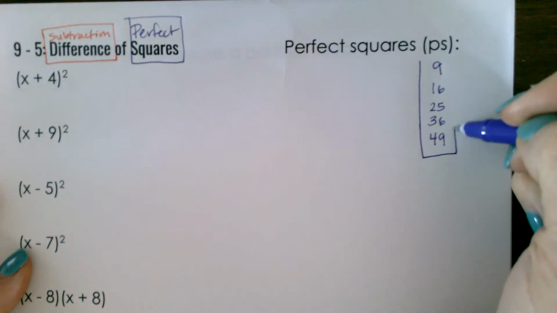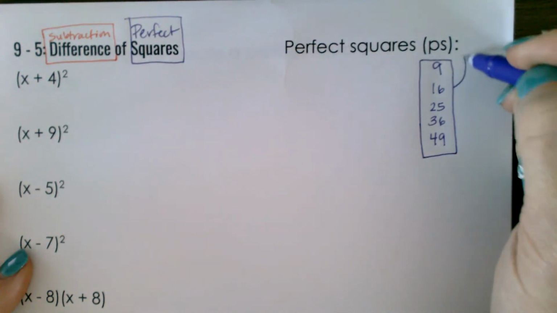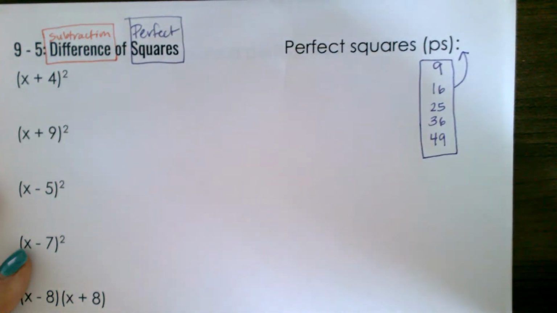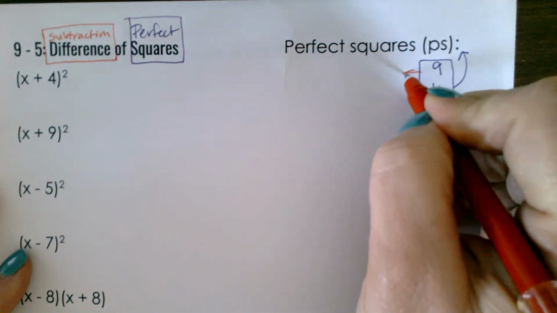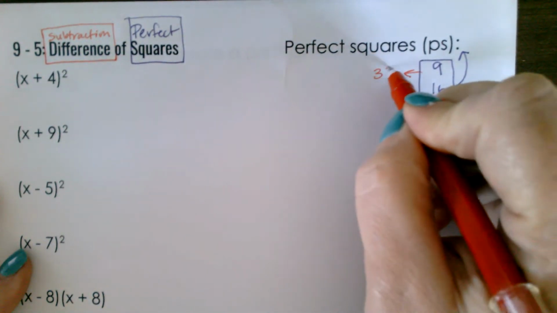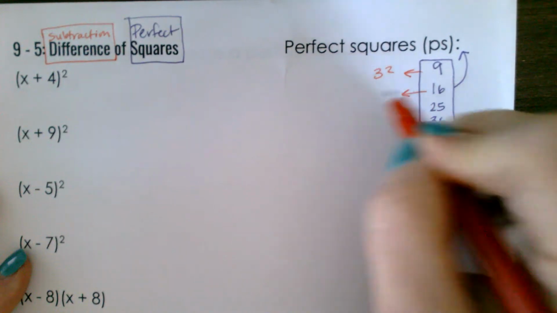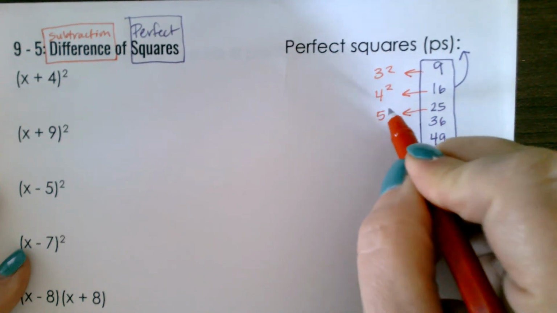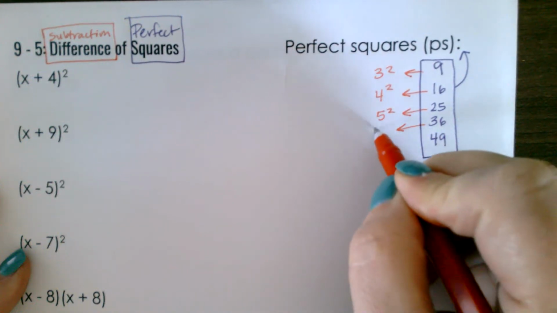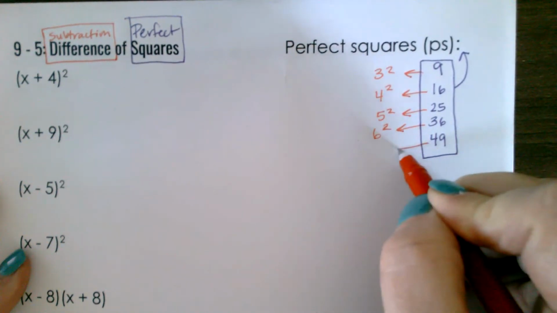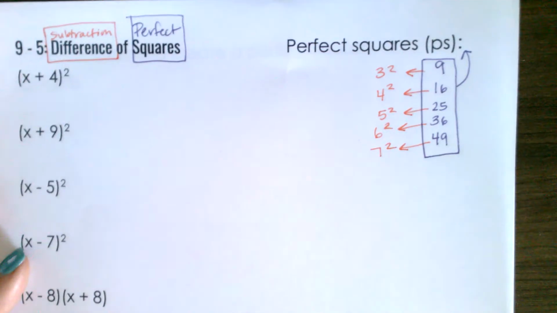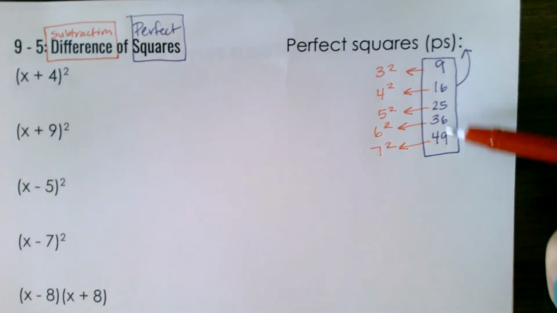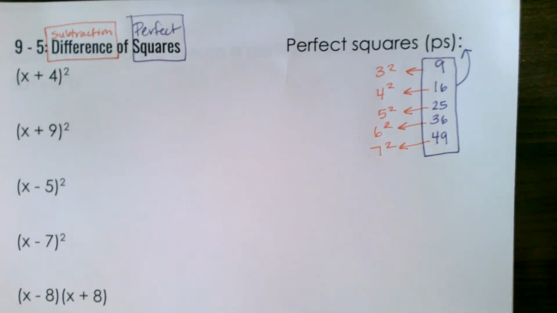These are some out of many perfect square numbers. We know that 9 is really 3 squared, 16 is 4 squared, 25 is 5 squared, 36 is 6 squared, etc. So perfect squares are those numbers in purple.